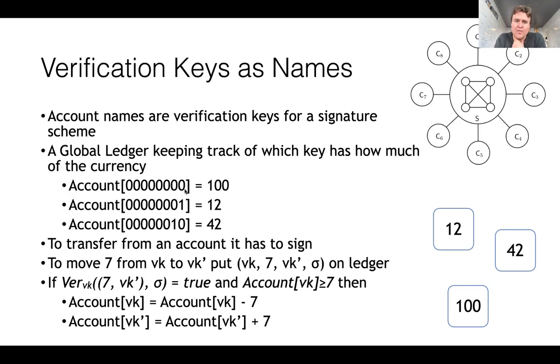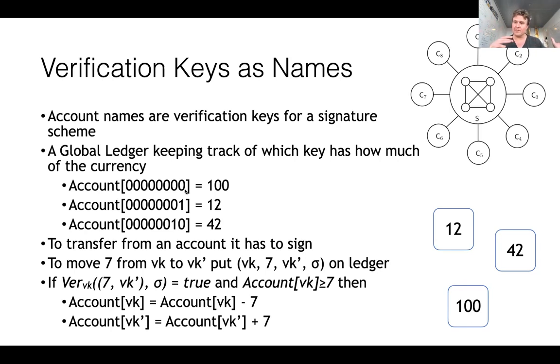Now, to spend money from an account, you need to know the corresponding signing key. Okay? So the way you make an account in the system is you generate a public key, signing key pair for a signature scheme. And now you're the owner of the account with that verification key.